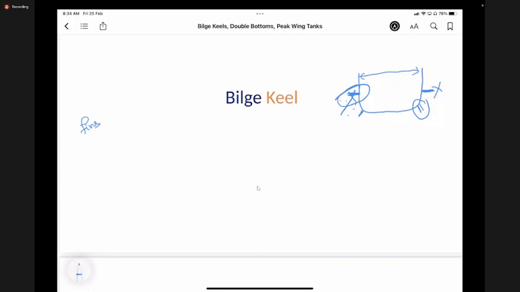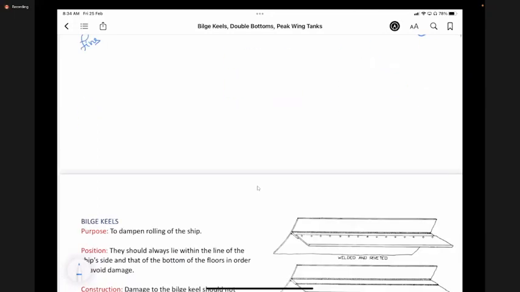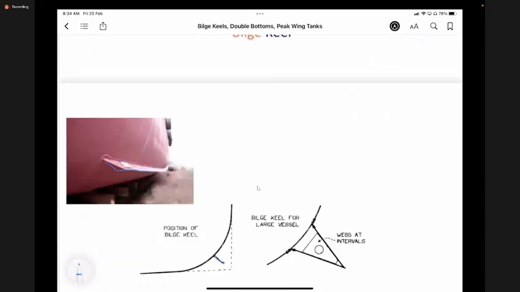Okay. Any other question? No more questions? Okay. So this is how the bilge keels are. So this right here you're seeing is the bilge keel. Do you know what this white thing on it is? This white thing.